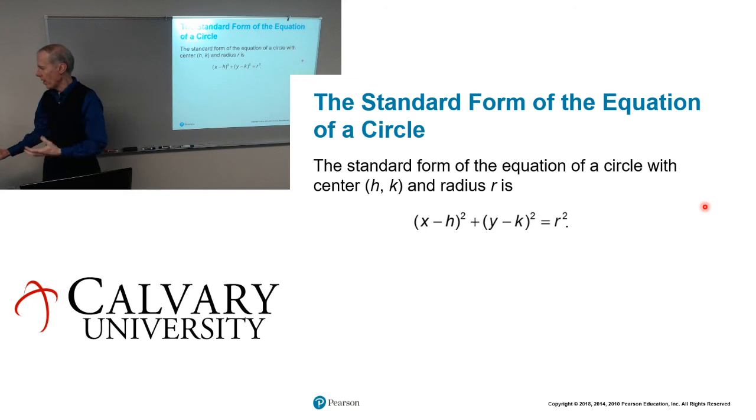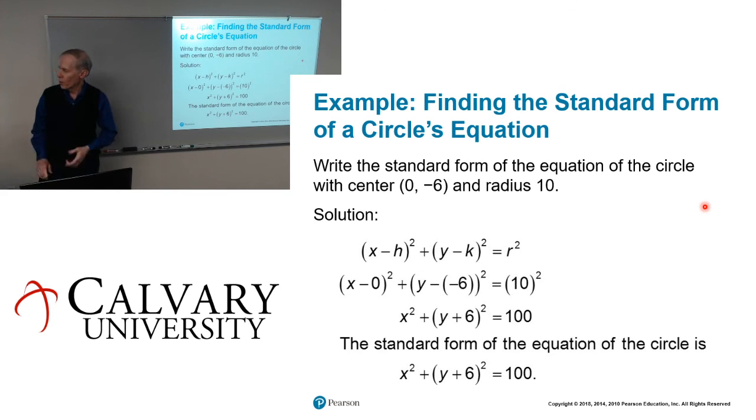So how do we apply that? Of course, like in everything else in math, you need to apply it. So here's what it looks like. If you knew that the center of the circle is at 0, -6, and the circle has a radius of 10, then you would put 0 and -6 in place of h and k.